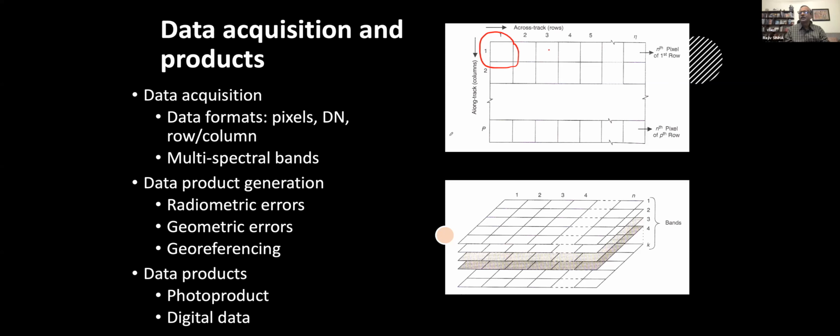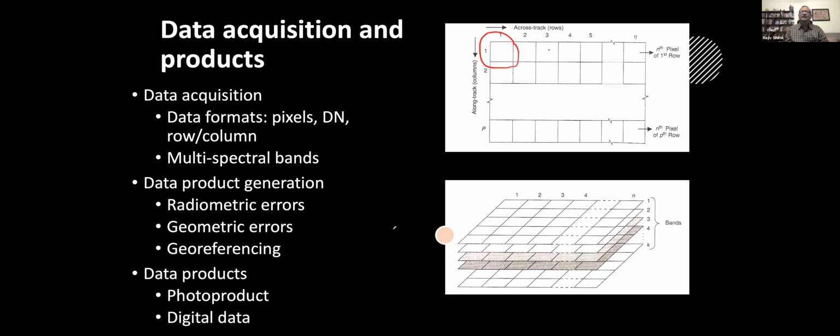So this kind of data is being collected in each band separately. So you will basically have a stack of the data in the form of the number of bands which the sensor is supposed to be collecting. So each image will have rows and columns, and then there will be layers of data depending upon how many bands the data is being collected in.